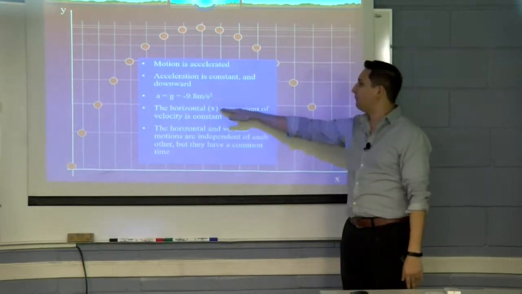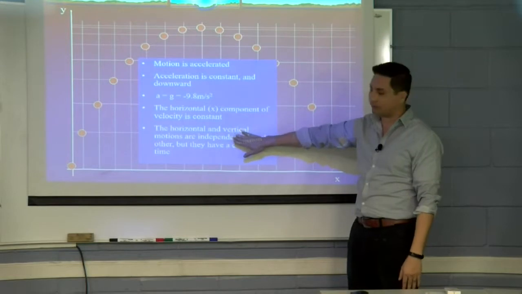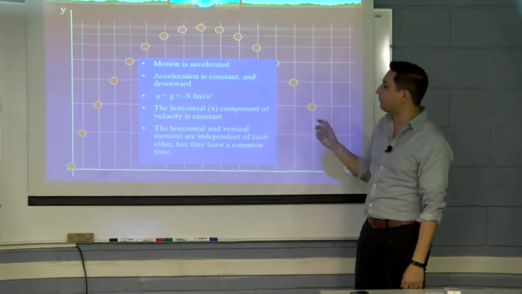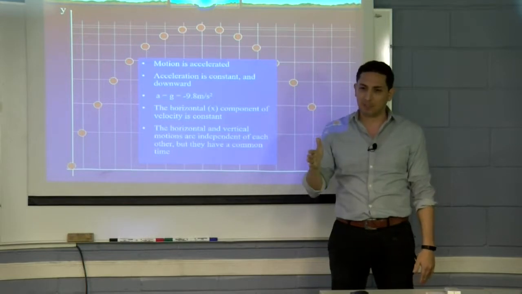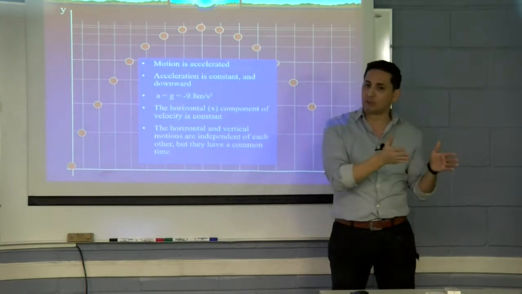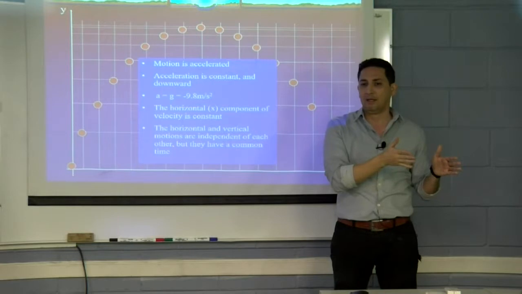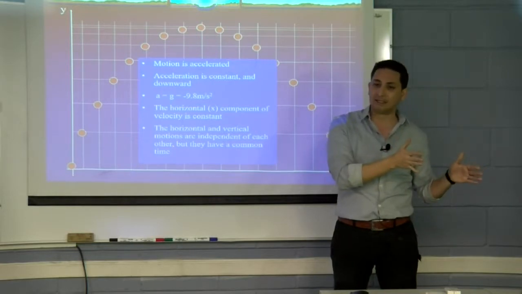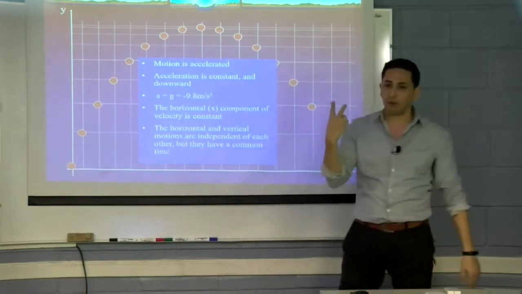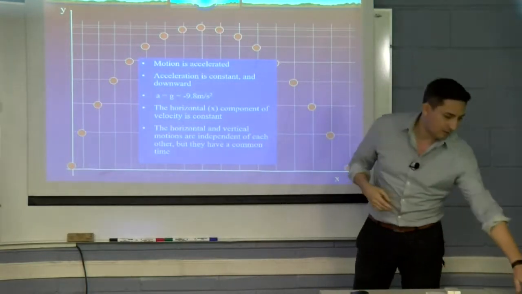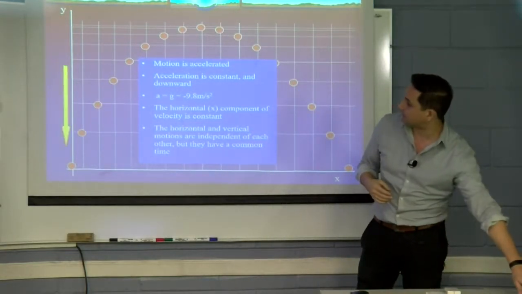The other thing about the horizontal and the vertical motions is that both of them use exactly the same time. So the time that we calculate in one of the axes, in the vertical analysis, will be used in the horizontal analysis. And we will have two types of analysis here.